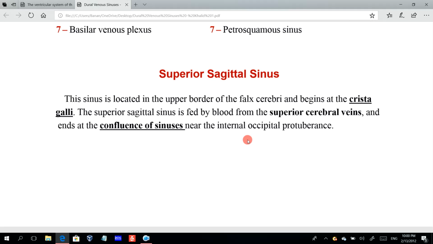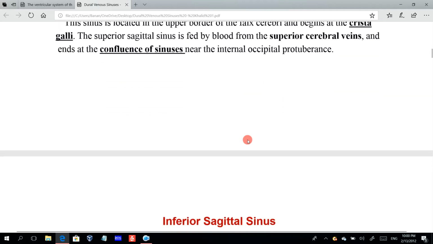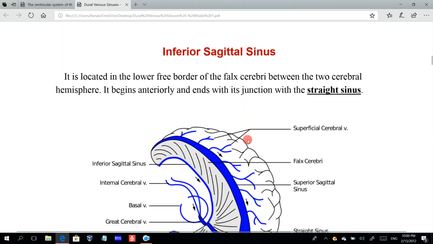Here in this area, we have the part of the sinus which is called the confluence of sinuses, the meeting place of the sinuses: the union of the superior sagittal sinus, transverse sinuses, and occipital sinus. This area of union of the sinuses is called the confluence of sinuses, and it is situated near the internal occipital protuberance. I will show you in the next picture these sinuses and their situation.